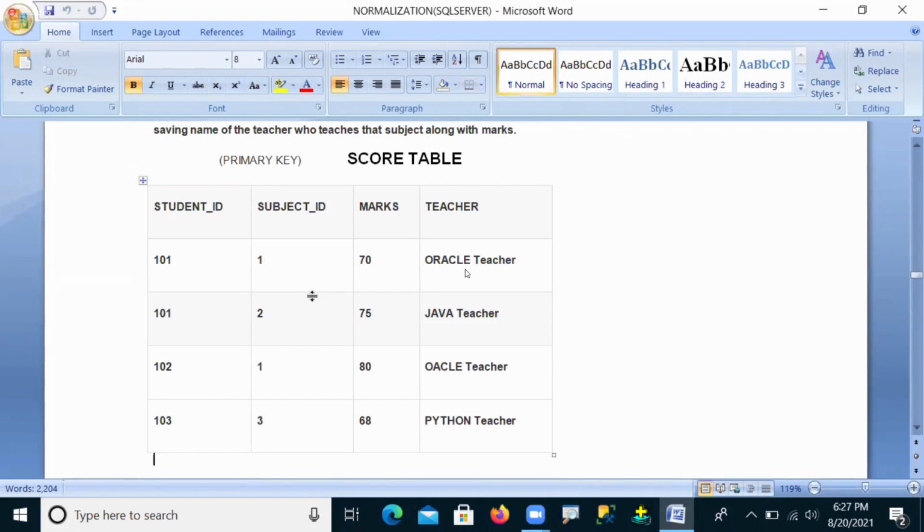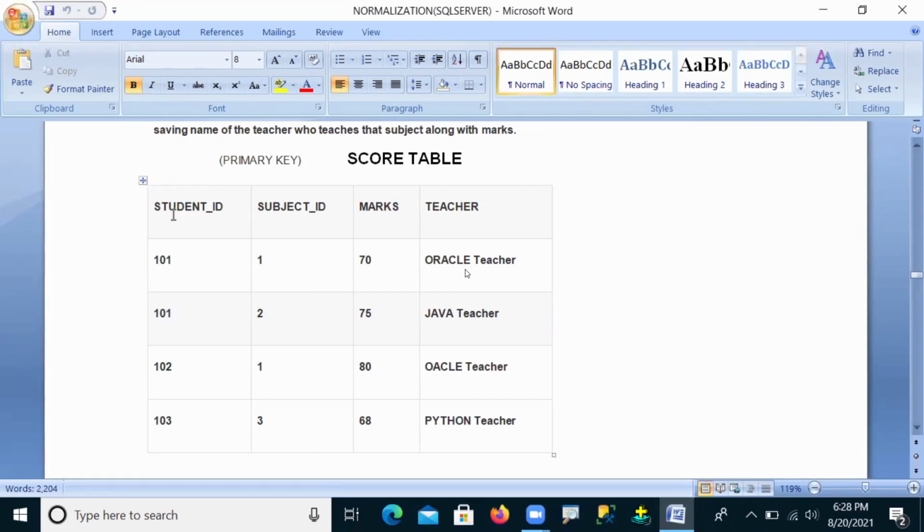Suppose your table has a partially dependency column, then immediately those columns will be removed. Because if your table has a fully dependency, there is no problem. But your table should not contain partially dependency columns. If it is there, immediately remove it.